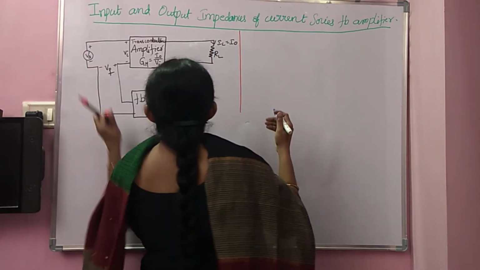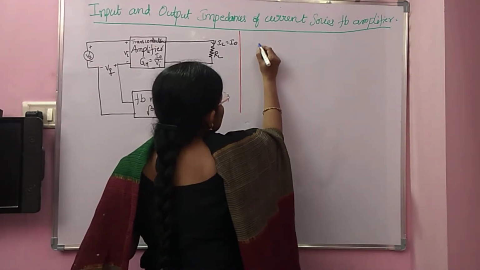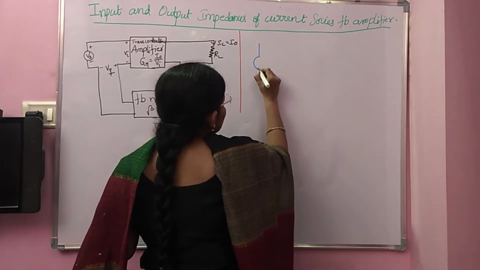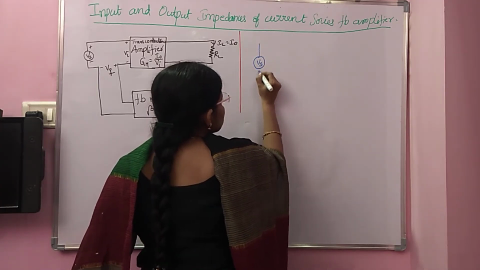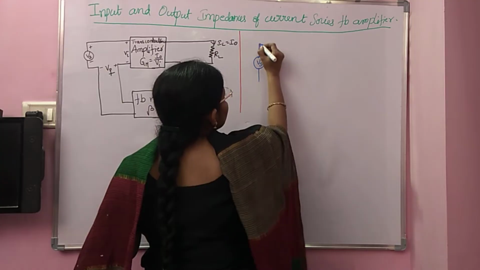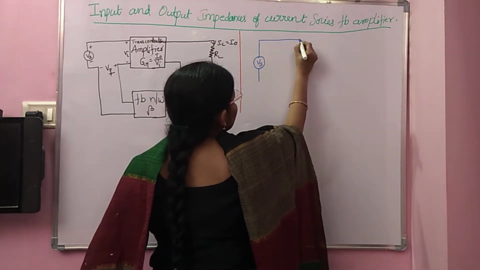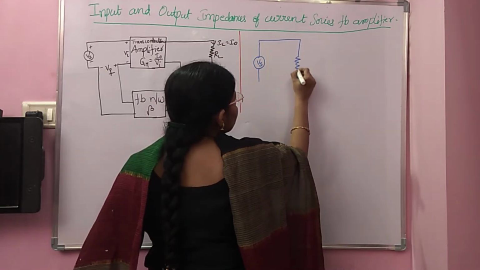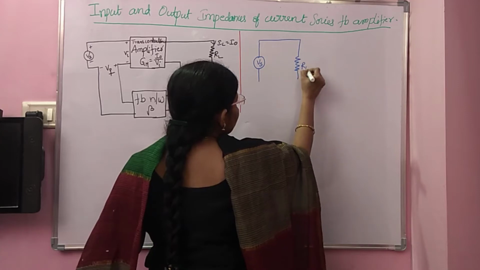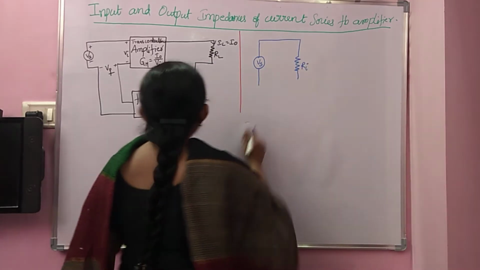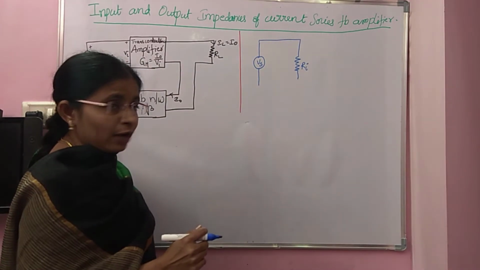So input is voltage Vs, Ri, and then exists mixing of feedback voltage.